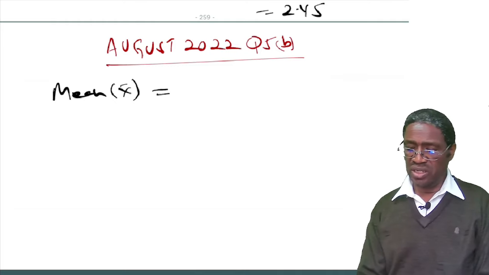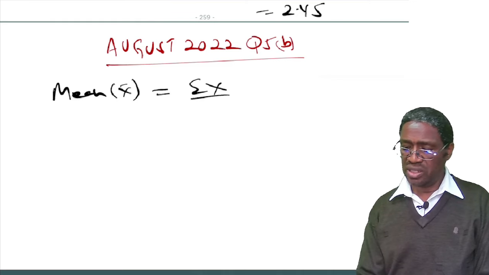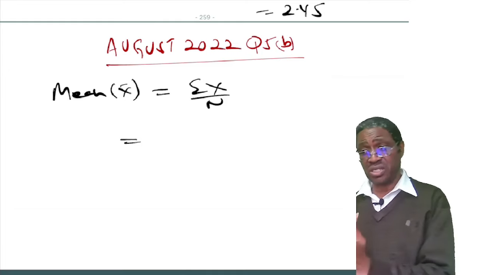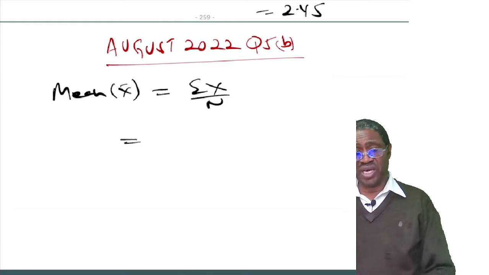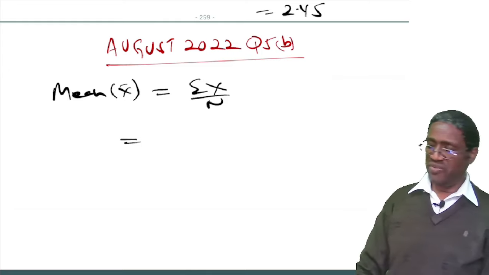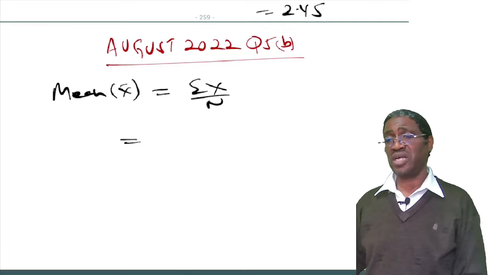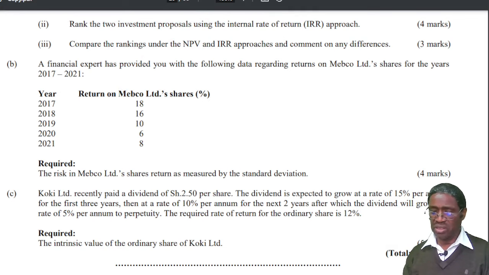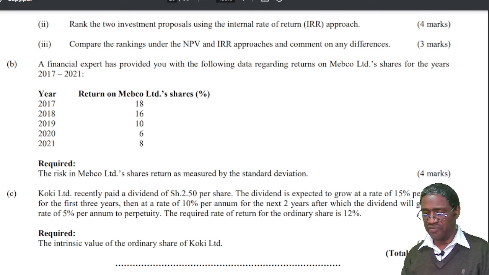So mean is equal to summation of X divided by N. Let me add all those returns and divide by 5. That is the average. So our mean is 18 plus 16 plus 10 plus 6 plus 8, divided by 5.